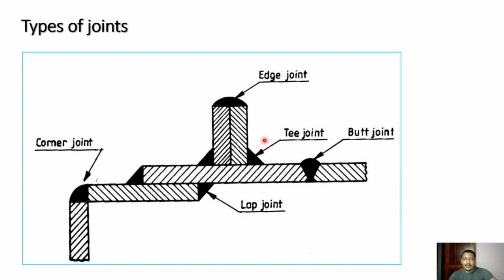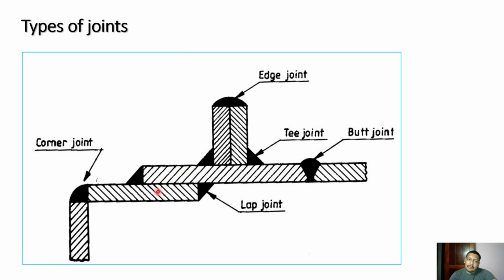We can see over here all the joints I have marked. On the top of the two plates, I am joining them as one single entity; that is called an edge joint. On the two plates, the outer sides I am welding to make the shape of a T; that is called a T joint. Two plates in parallel being joined is called a butt joint.